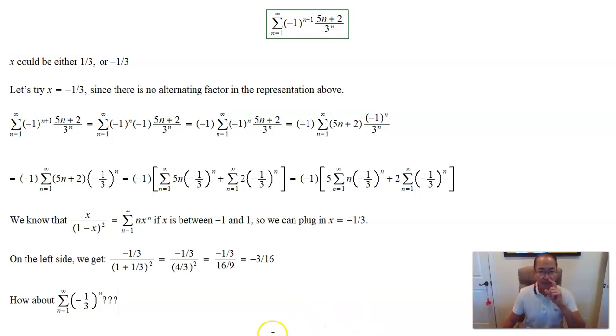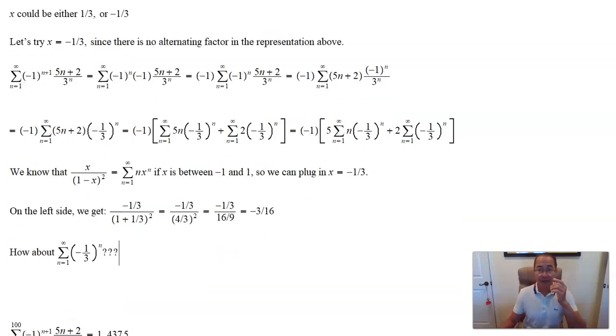Okay, there's one small detail though that you may have missed. Almost everyone misses it. This starts at 1. In the formula for the geometric series, it should start at 0. X to the power 0, which is 1. Okay, so we have to make an adjustment.